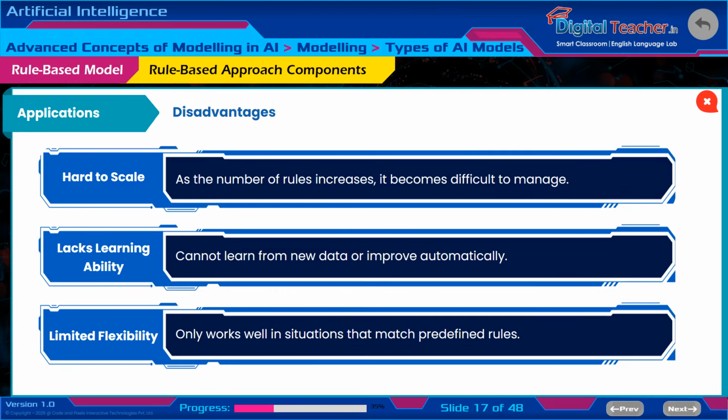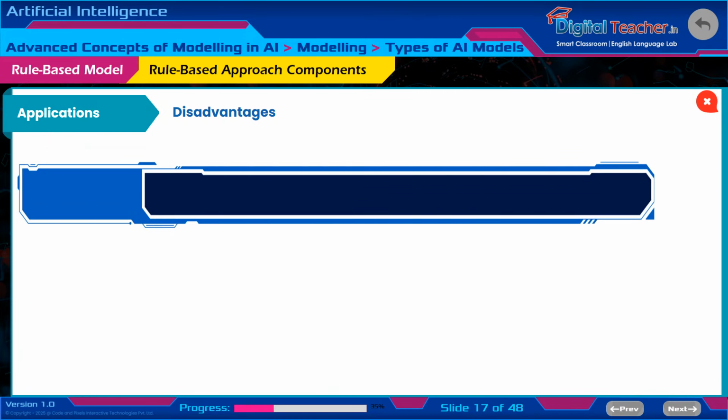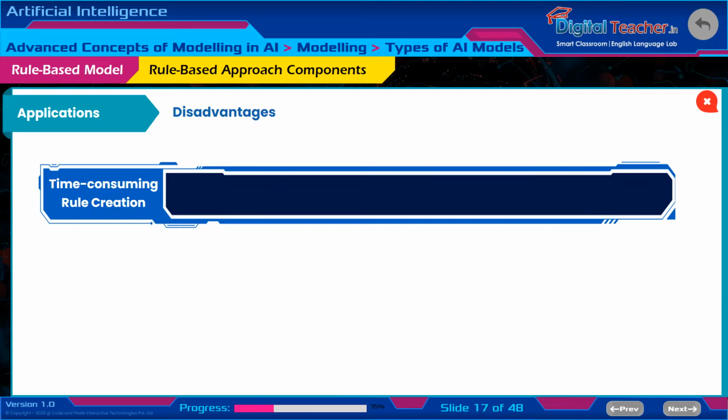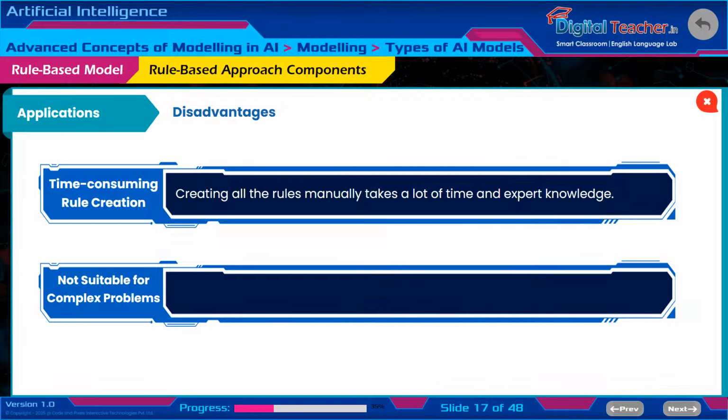Only works well in situations that match predefined rules. Time-consuming rule creation. Creating all the rules manually takes a lot of time and expert knowledge. Not suitable for complex problems. Cannot handle problems with too many variables or hidden patterns.